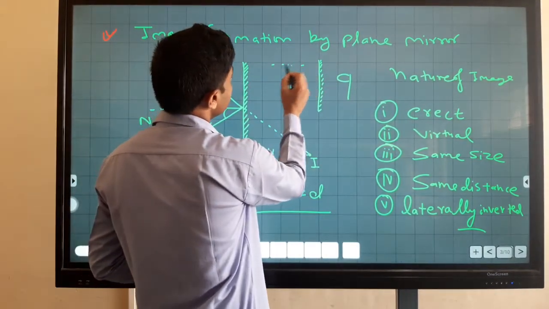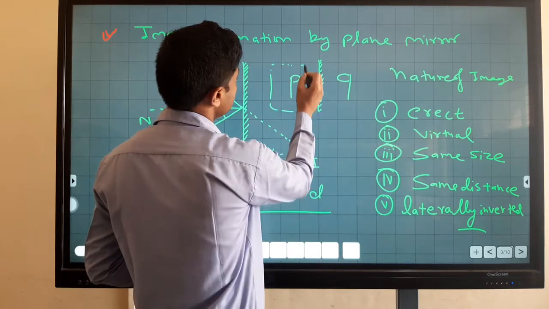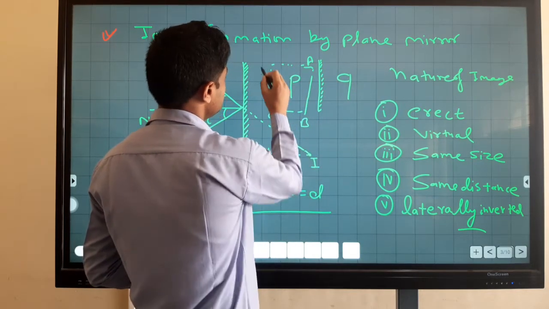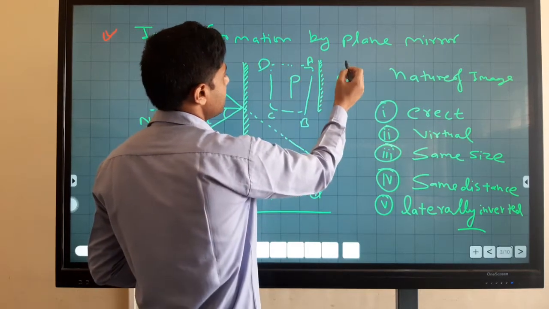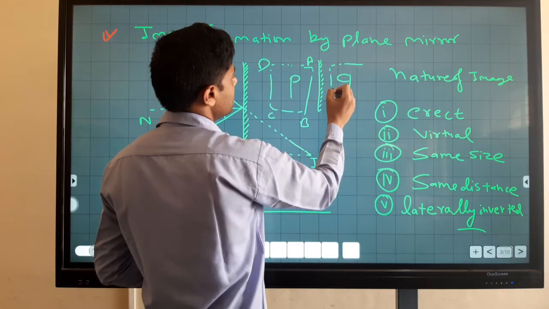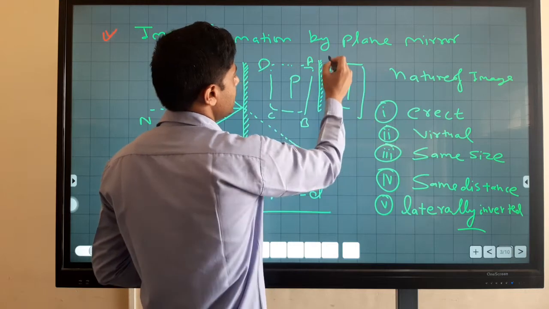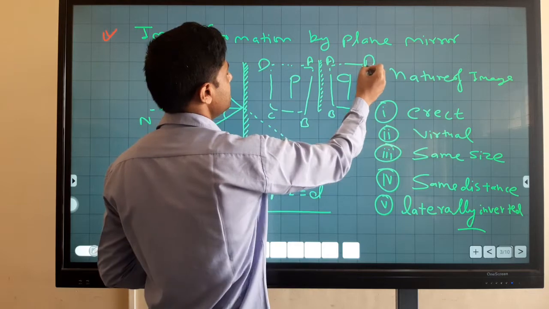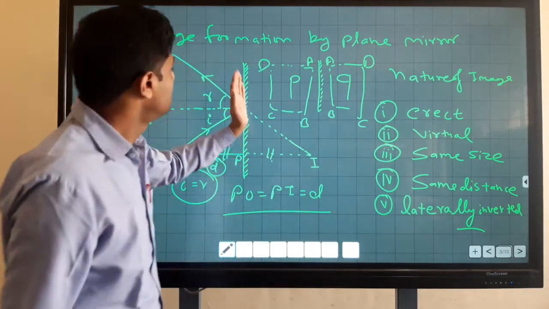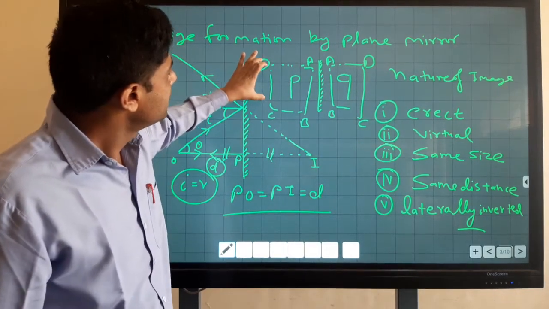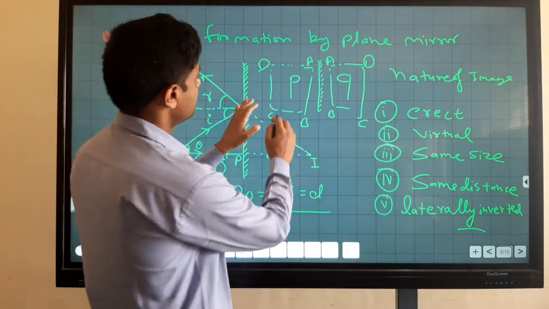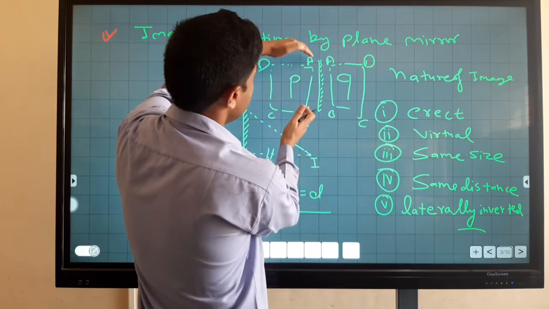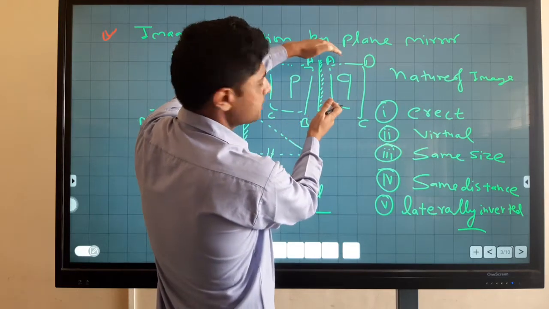If this is the frame of the box A, B, C, D, then the image is the frame A, B, D and C. CD comes to that side and AB will come to the other side.